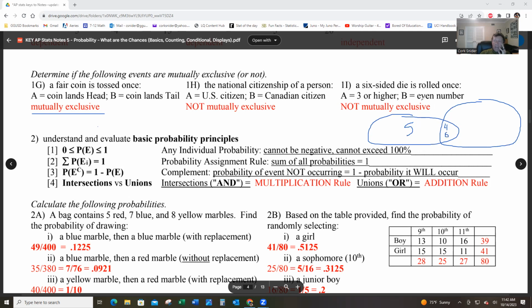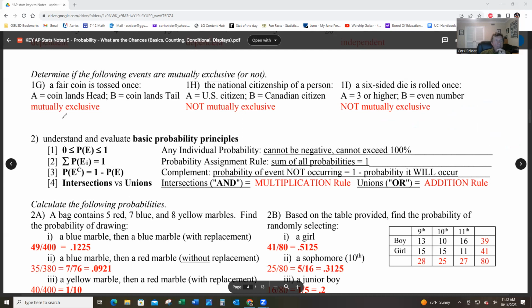And then an even number is a 2, 4, 6. So you can see that they overlap on two numbers, a 4 and a 6. If they overlap at all, they are not mutually exclusive, meaning they can happen at the same time.